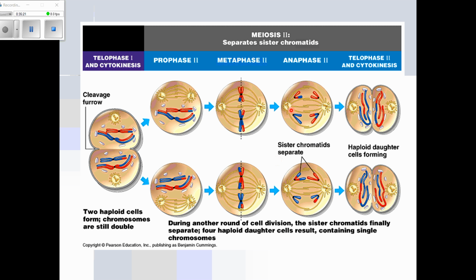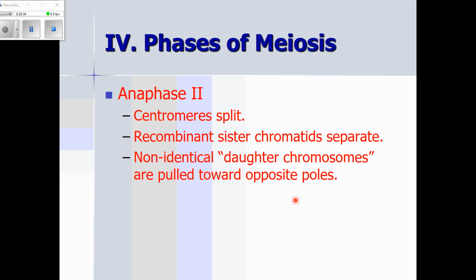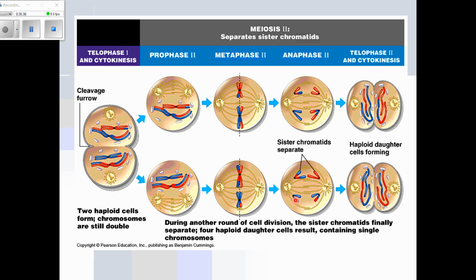Because of crossing over, these daughter chromosomes have different combinations of genes. You can tell from this picture they are no longer identical. And those non-identical daughter chromosomes are pulled apart in anaphase 2.